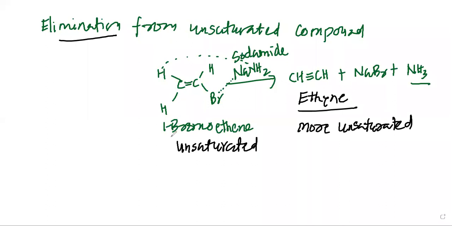Now please remember, my dear students, that again 1-bromoethene we can prepare from the vicinal dihalide. Suppose we have this kind of compound where we have 2 Br present on neighboring carbons, which is a vicinal dihalide.